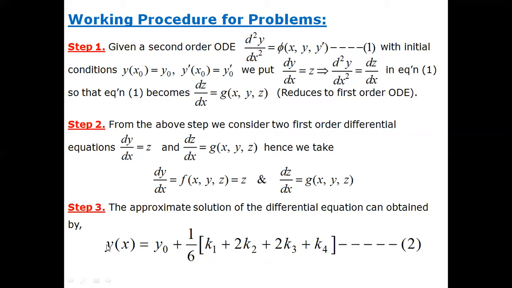This is the relation which calculates the value of y, that means the solution of a given differential equation at any value of x. This is called the fourth order Runge-Kutta method formula, where k1, k2, k3, k4 are the parameters. We can calculate them using separate relations. So let us see what are the relations for k1, k2, k3, k4 now.